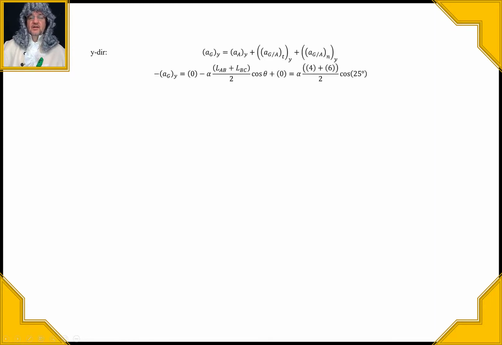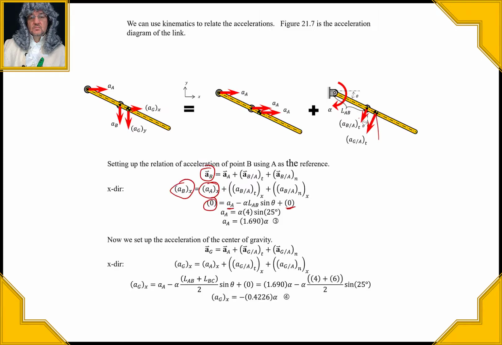We don't have the diagram from the previous slide, but let's come back up here and take a look at the y direction. In the y direction, it's 0 at A. That's good.